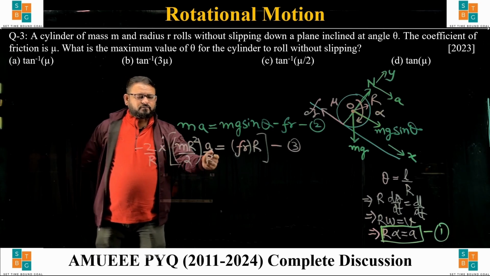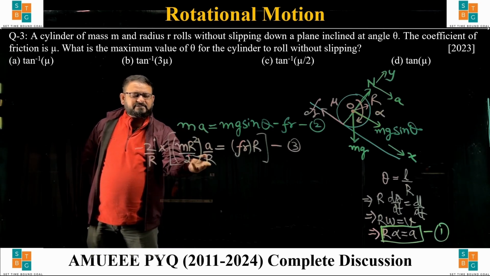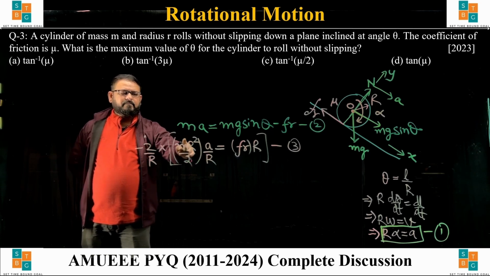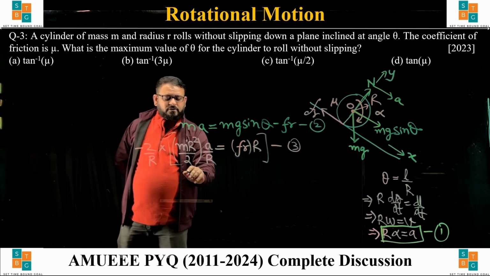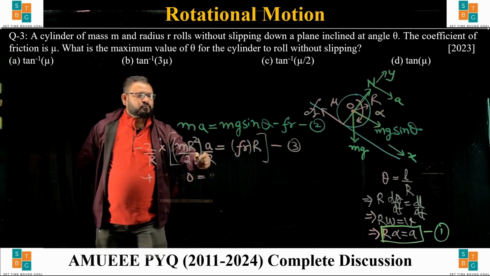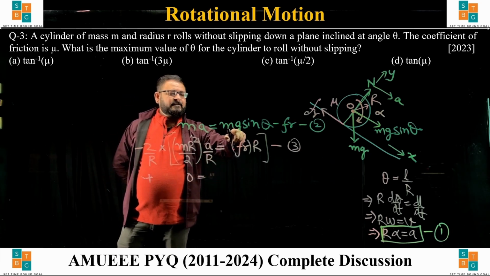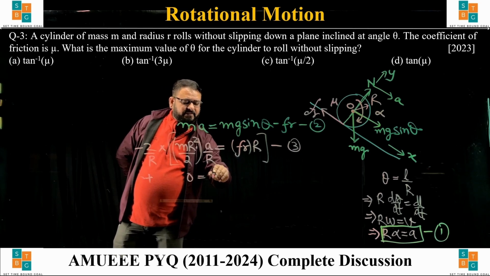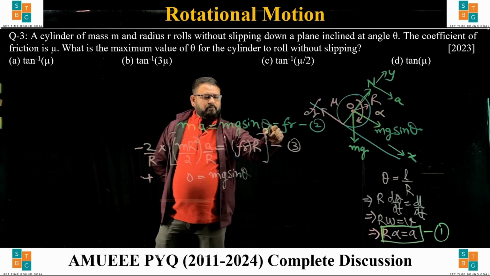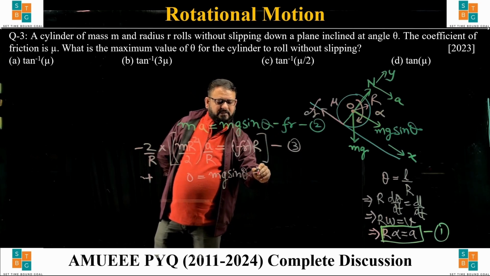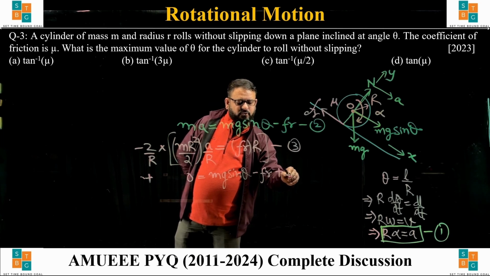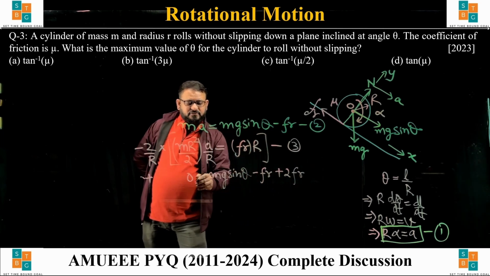Okay, so we will get, these two terms will cancel, m minus ma plus ma, so this goes to 0. So 0 if we add them up is equal to, now see what this is, mg sin theta minus fr and plus 2fr. Okay, so what do we get?